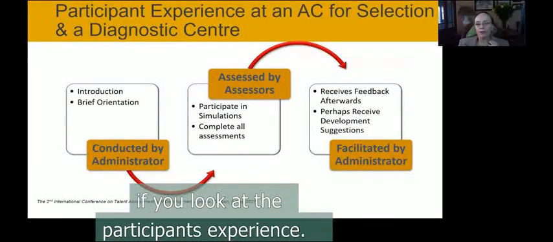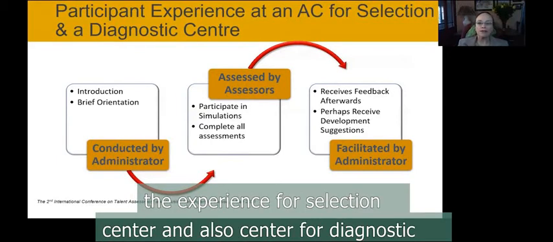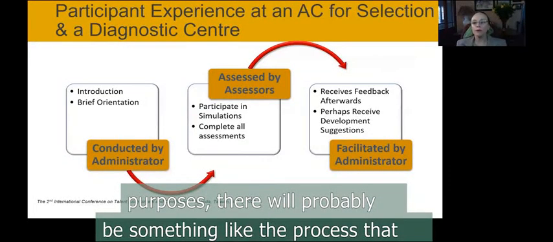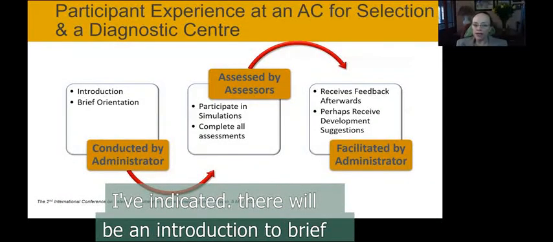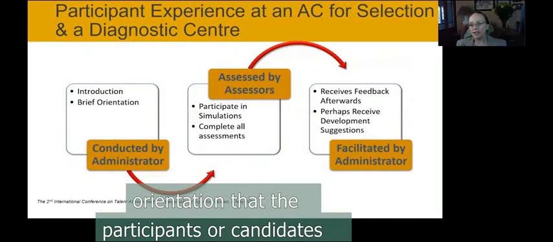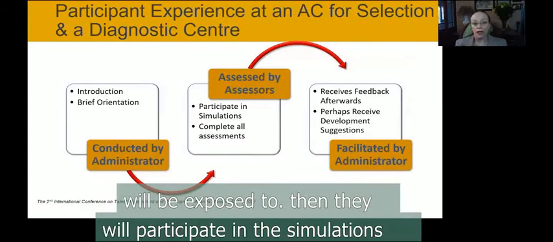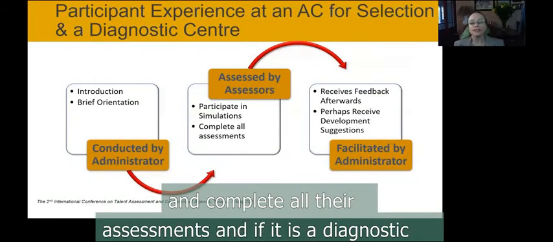If you look at the participant experience, the participant experience of an assessment center for selection and also a center for diagnostic purposes will probably be something like the process that I've indicated. There will be an introduction and a brief orientation that the candidates or participants will be exposed to. Then they will participate in the simulations and complete all the assessments.